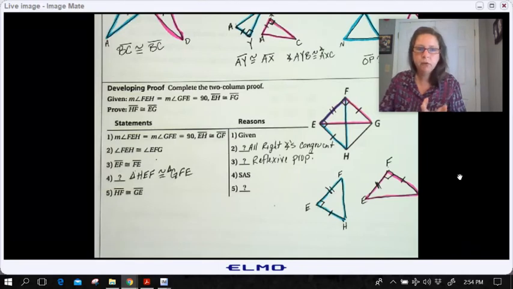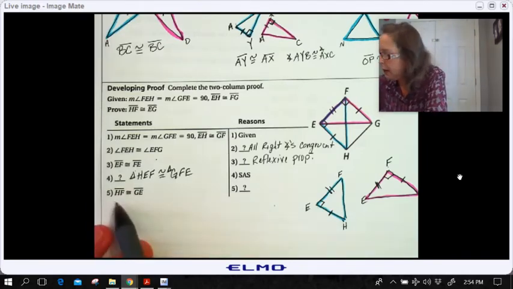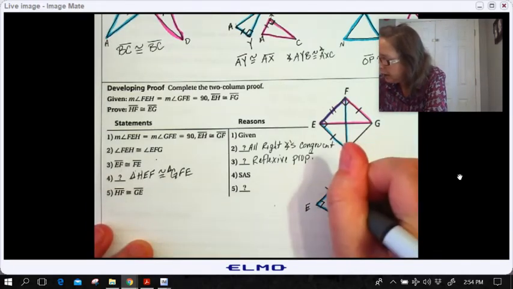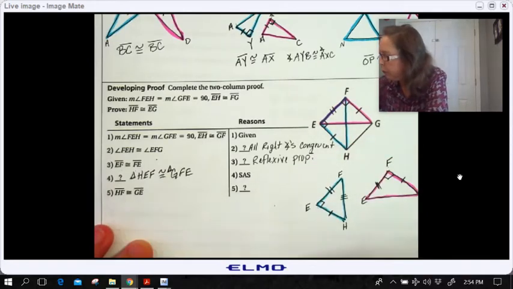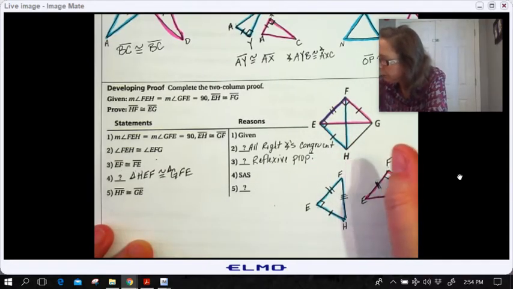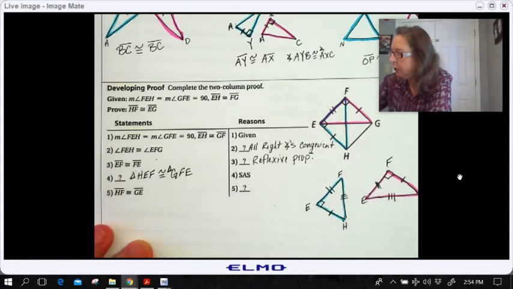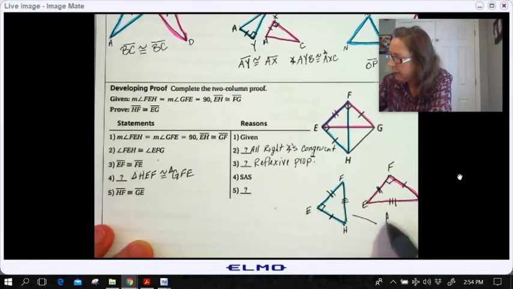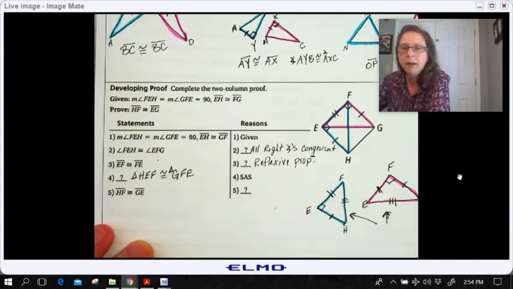They want us now to determine that HF right here is congruent to GE right here. And how do we determine that? Based on side angle side.